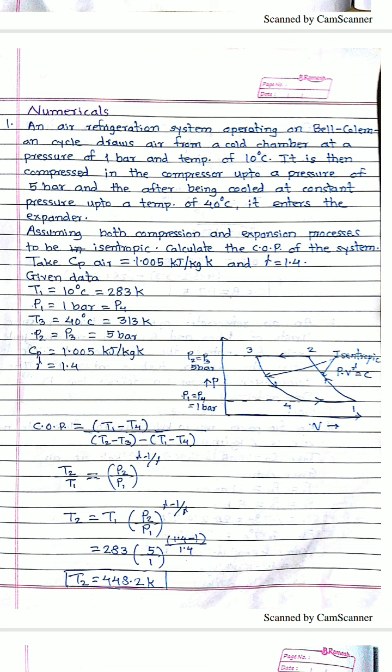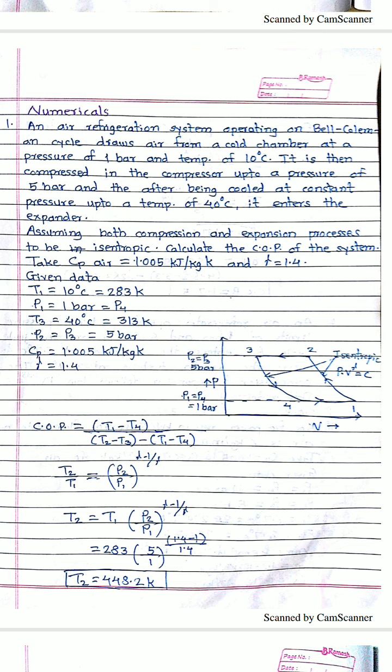Now first we will take the process 1 to 2. This process is an isentropic process, and we know the relation between the temperature and pressure. So T2 by T1 is equal to (P2 upon P1) raised to (gamma minus 1) upon gamma, where gamma is the adiabatic constant, or instead we can write T2 upon T1 is equal to Rp raised to (gamma minus 1) upon gamma.